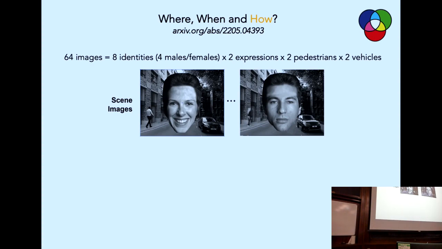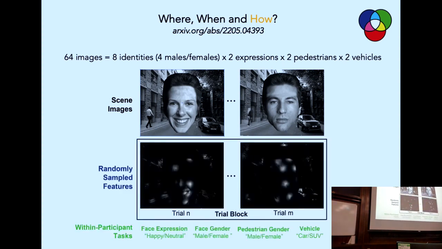So what we did here was to generate all the combinatorics of these categorization responses into stimuli. And then we sampled the stimuli with the classic bubbles experiment, which will reveal and hide some features. And it's a within participant task, where the participant could say happy or neutral for the central face, male or female for the gender of the pedestrian, and for the vehicle, car versus SUV.